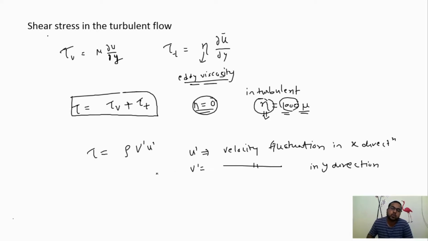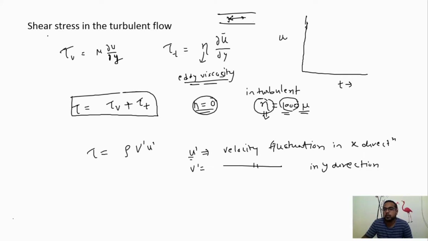Now understand what this term is. Suppose we plot a diagram. This is the time axis and this is the velocity. So what happens in turbulent flow? The fluid particles move in random order. So the velocity of a fluid particle in the direction of x is not constant. It keeps on changing with respect to time.